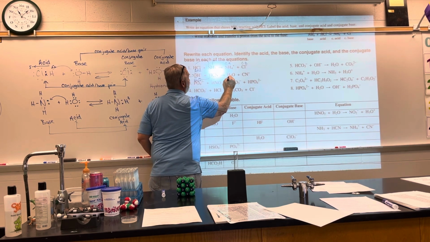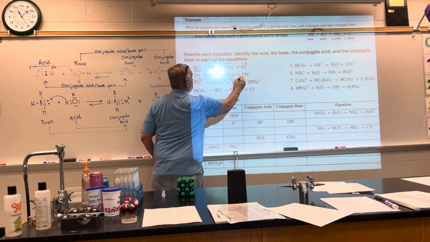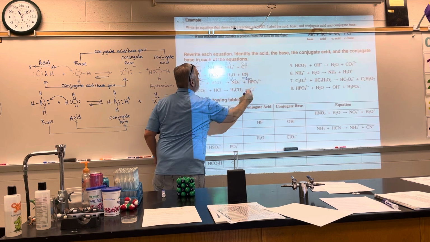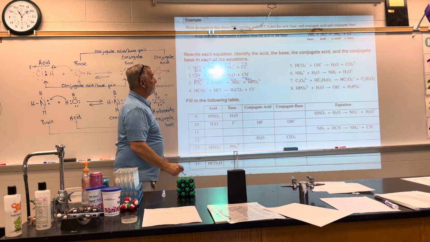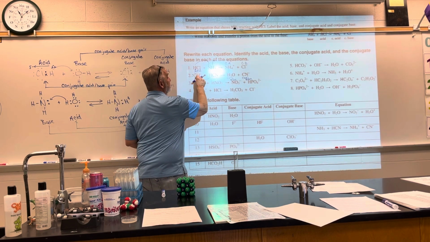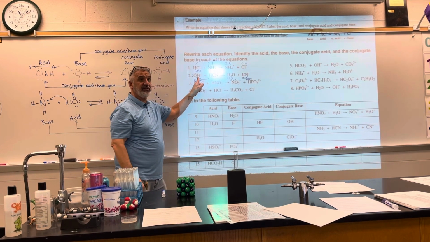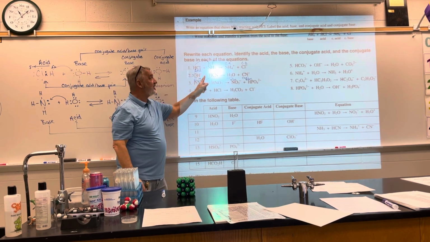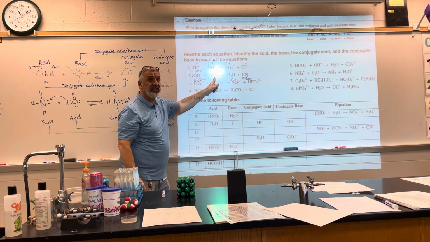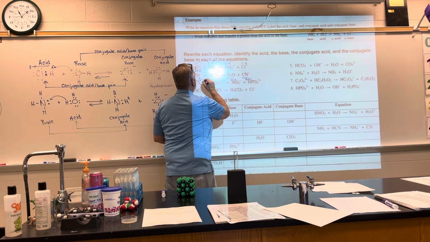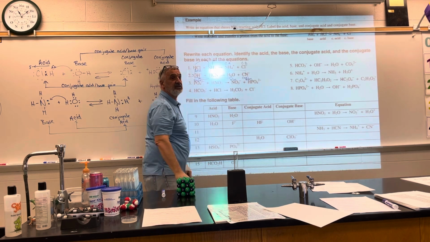The conjugate acid. And this is the conjugate base. So the OH minus, which one on the product side is related to the OH minus? H2O. Which one's related to the HCN? The CN minus. So these 2 are pairs, and these 2 are pairs.